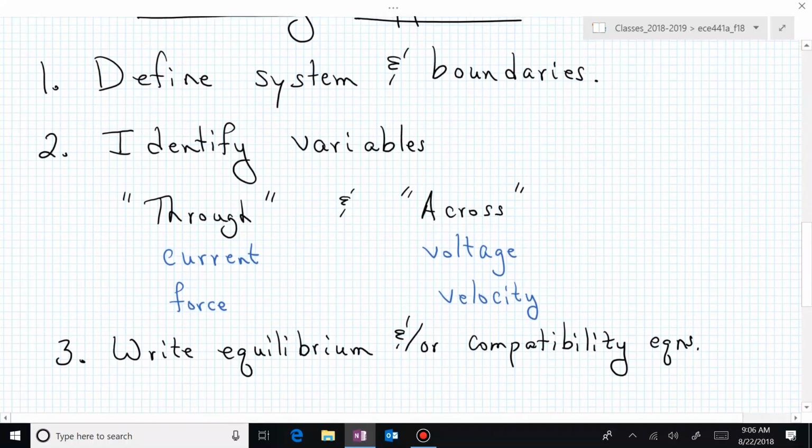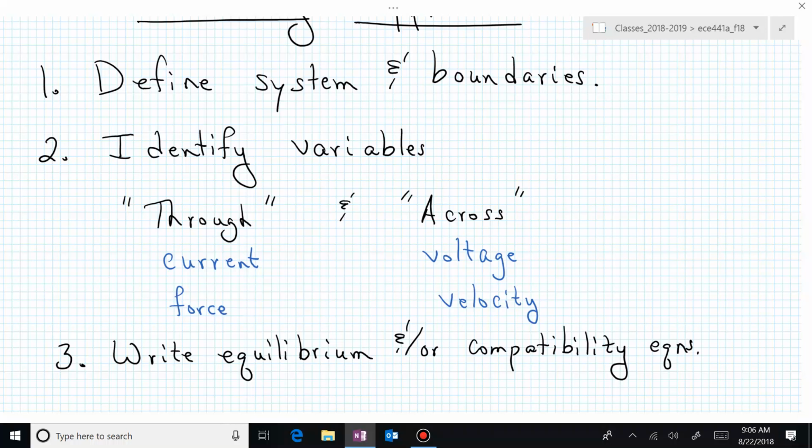The second step is to identify the variables that you're interested in. In an electrical circuit, when we try to write the equations that govern the dynamics, what do we focus on? What do we hone in on if we're doing this in the time domain?